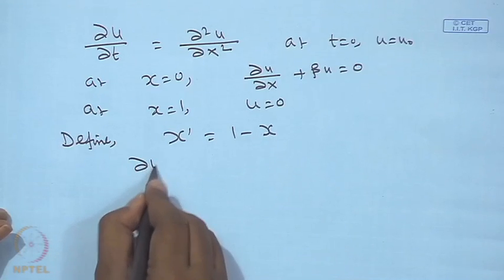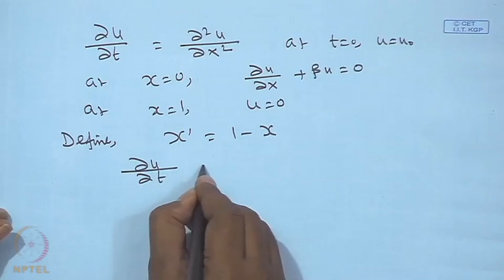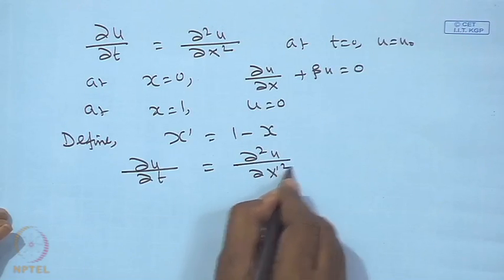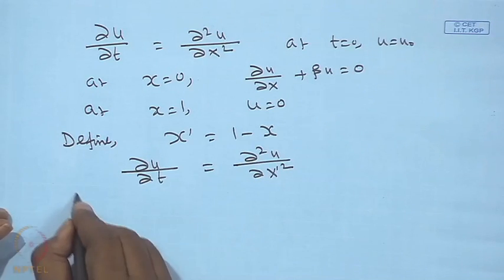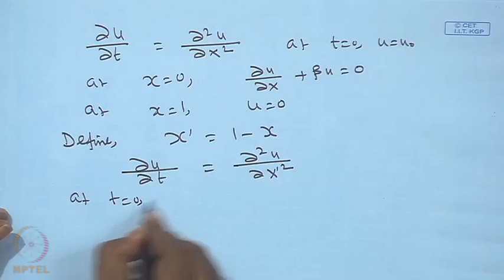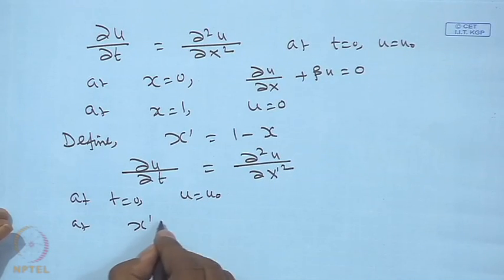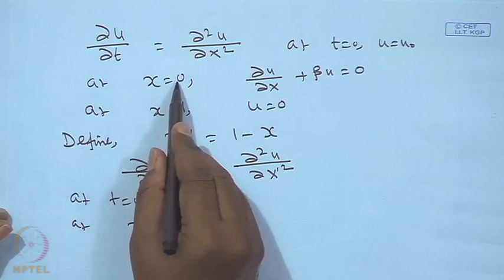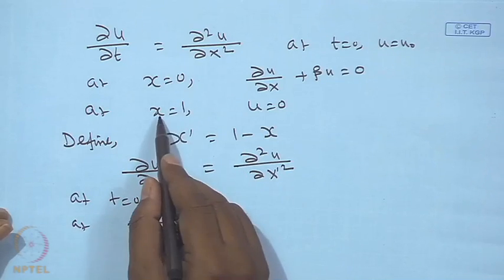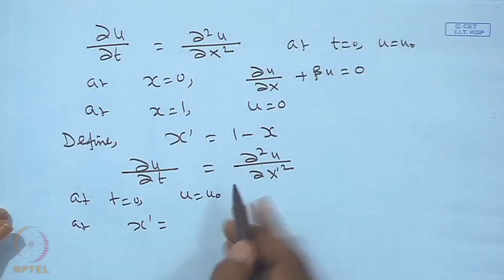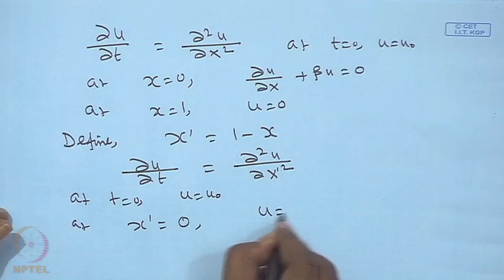So, the governing equation remains unchanged, del square u del x prime square. At t is equal to 0, u is equal to u naught. When x is equal to 1, x prime becomes 0, so at x prime equal to 0, u is equal to 0.